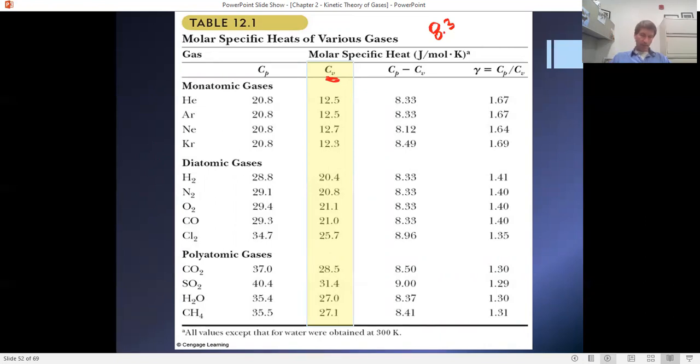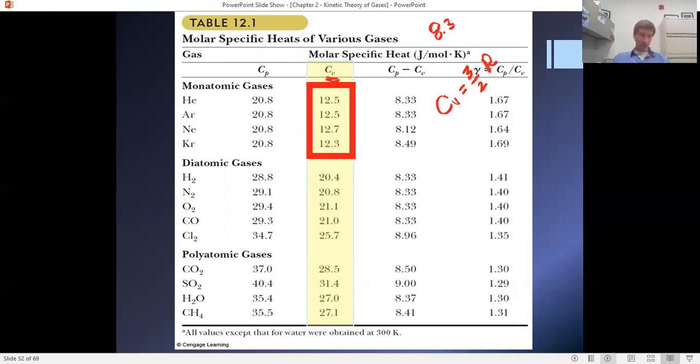And we say that CV for a monatomic gas should be 3/2 R, or 3/2 times 8.3. So if I take 8 divided by 2, I get 4 times 3, I get around 12. And not surprisingly, that's exactly where I see my molar specific heat.